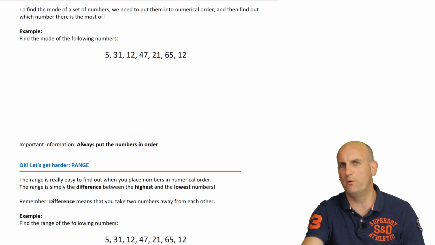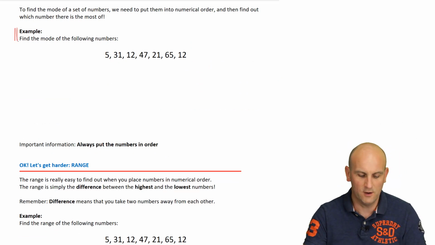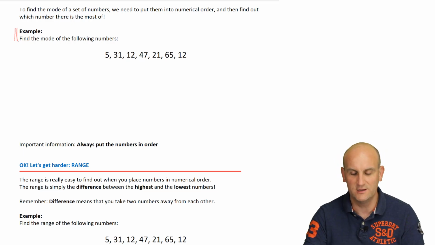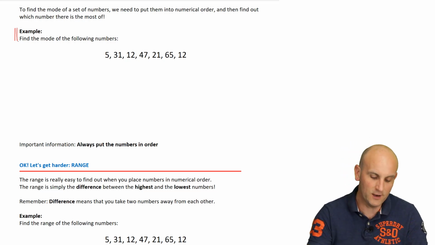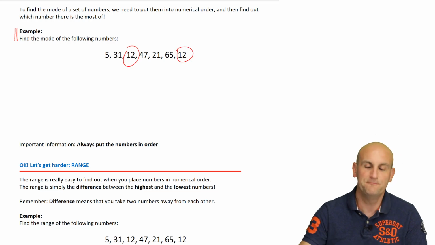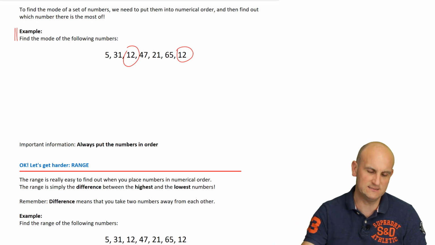Well, a good example will help us, and here is an example. Find the mode of the following numbers. So we've been given 5, 31, 12, 47, 21, 65 and 12. And it's asking you which is the most. Which number are there most of? And hopefully you are screaming at the screen, Mr. Smith, Maths Guru Darren, please, it's 12.